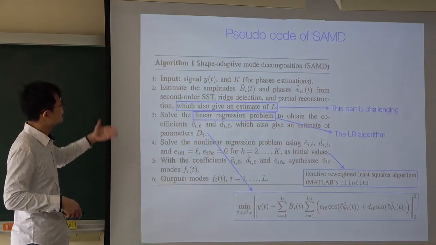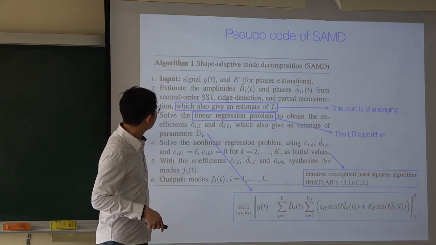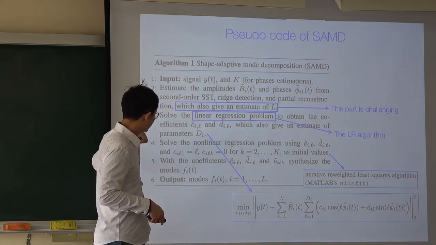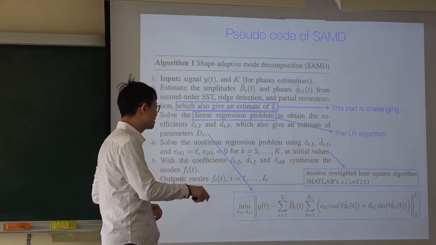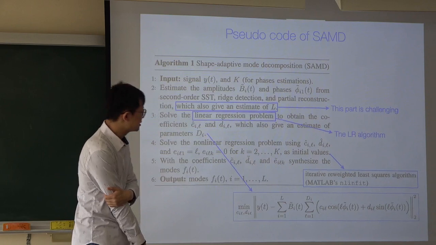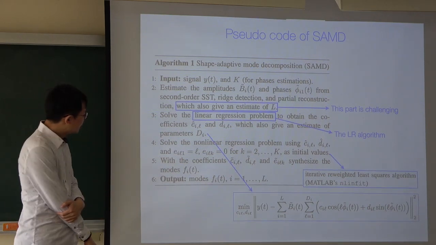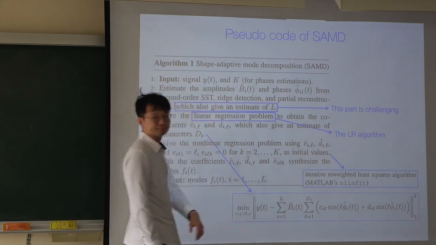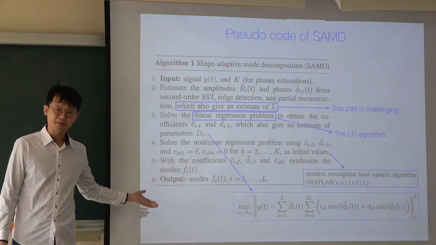So the overall algorithm is like the following. You run linear regression, and then you run nonlinear regression using the iterative reweighted least squares algorithm, which you can easily find in every language nowadays. And then you minimize this. In the MATLAB code I share with you, there are only one or two lines to implement all this.